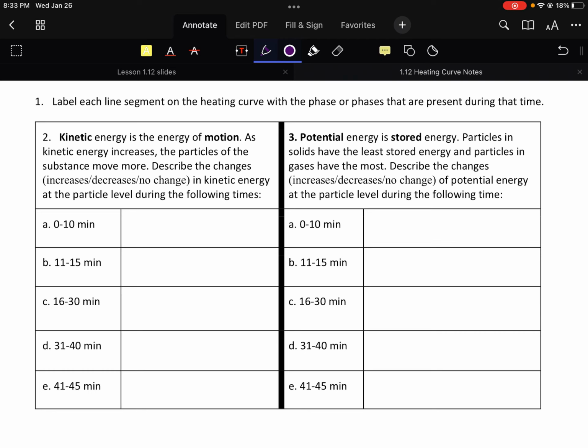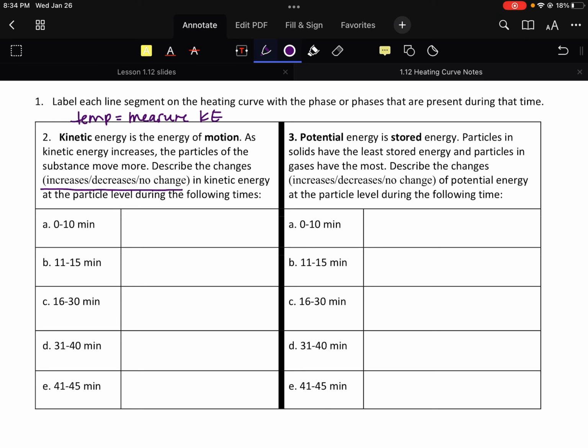If we think back to our different states of matter, we talked about which ones have high kinetic energy, which ones have low kinetic energy. And remember, temperature is a measure of kinetic energy. So our temperature can help us decide some of these things right here.